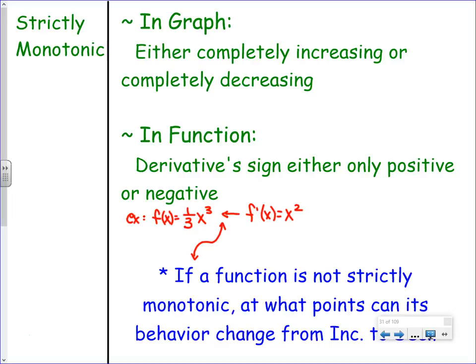Ready? Derivatives can be like rates, right? Instantaneous rates of change. Like a cop with a radar gun seeing how fast you're going. So, if velocity is positive, if the derivative is positive, that means I'm moving from your perspective to the right. Okay?